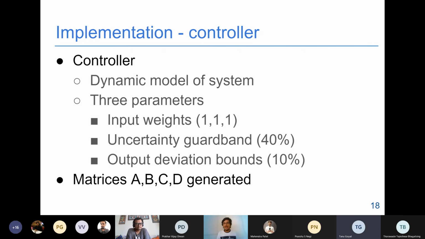And we also need 3 parameters: the input weights, the uncertainty guard band, and the output deviation bounds. These are like hyperparameters, and they have been set to these values by the authors. Once we have this dynamic model and these 3 parameters, the matrices A, B, C, and D are automatically generated from control theory.